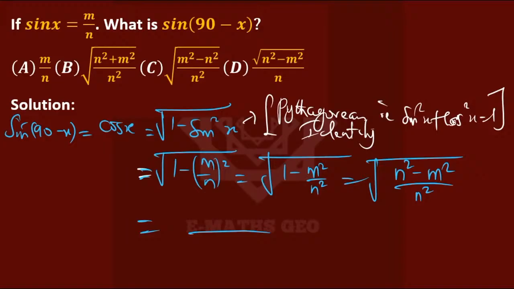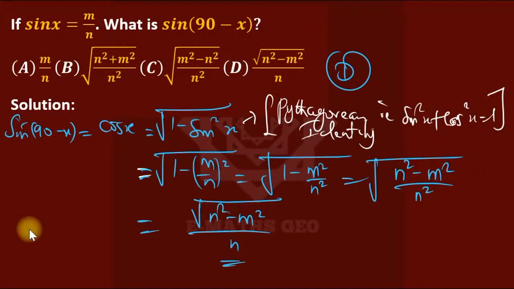Since the square root of n squared is n, we're left with the square root of n squared minus m squared. So that's option D. So we combine both Pythagorean identity and cofunction identity. So let's now move to quadrants.